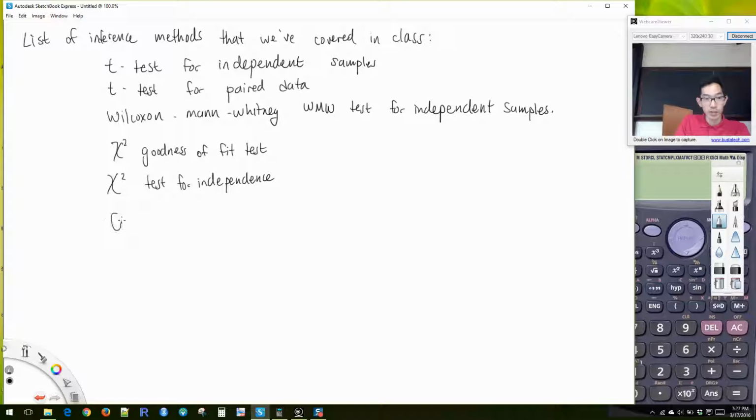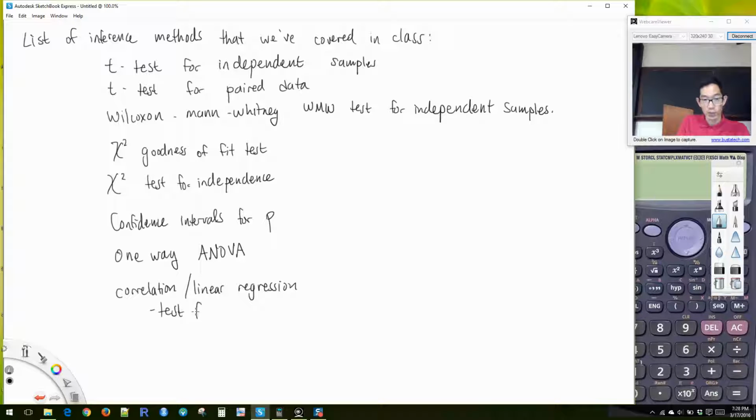We have confidence intervals for p. We've covered one-way ANOVA. We have correlation and linear regression, and the test for significant correlation.